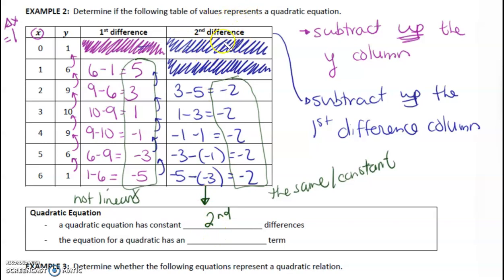Because the second difference is constant, we can say it's quadratic. The equation for a quadratic has an x squared term. Where that 2 for second difference, that 2, there's your theme. The 2 is going to be the exponent.